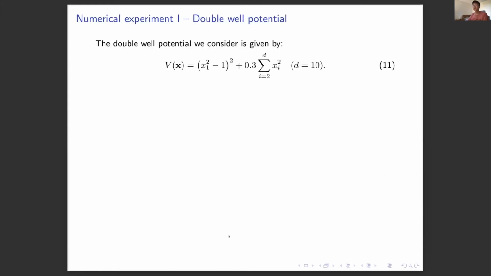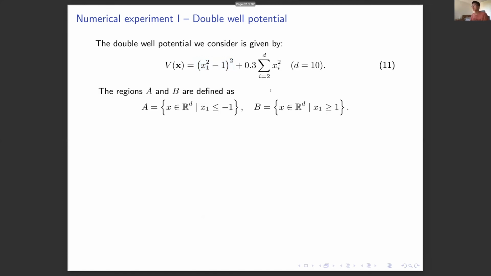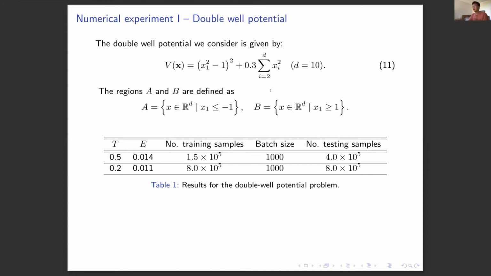Okay, so let's look at some numerical examples. The first one is on the double well potential defined on the first dimension. So in this case, the total dimension is 10. And we can see that with hundreds of thousands of training samples, we can achieve a final precision of 0.01.